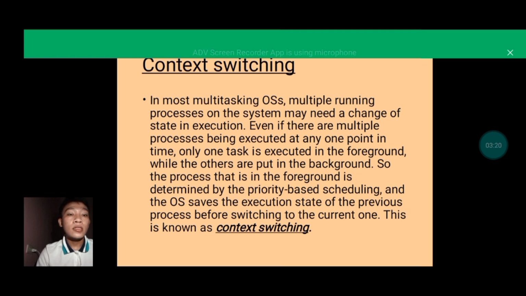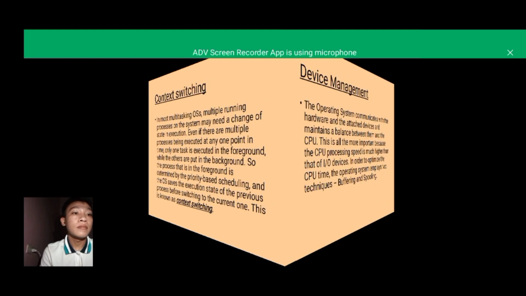The process that is in the foreground is determined by the priority-based scheduling, and the OS saves the execution state of the previous process before switching to the current one. This is known as context switching.